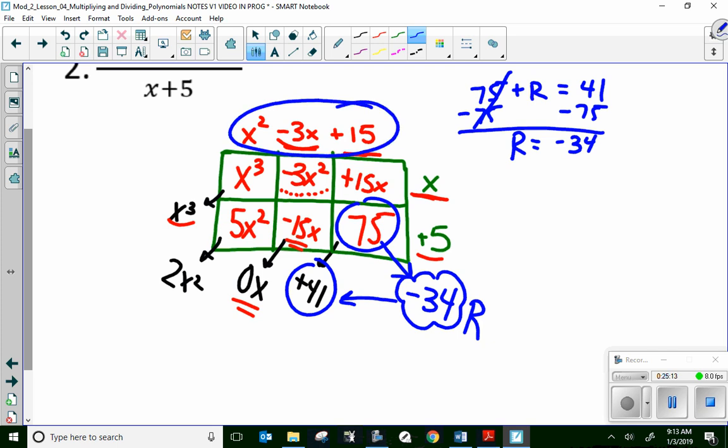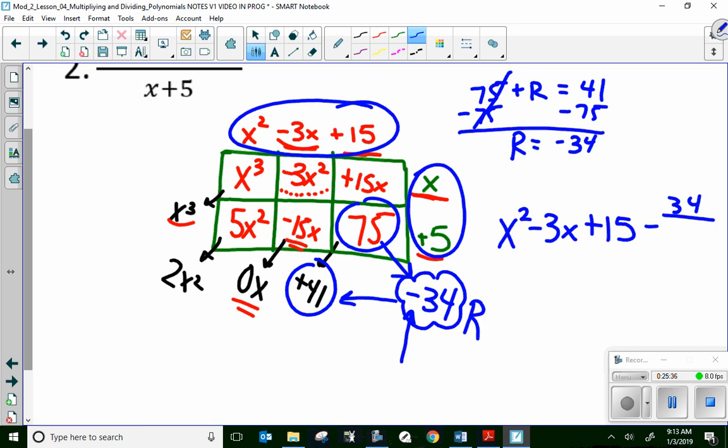It's X squared minus 3X plus 15. I'm being picky, so I'm going to write it nice. X squared minus 3X plus 15, and the remainder is negative 34, so it's minus 34 over what I originally divided in, which was X plus 5.